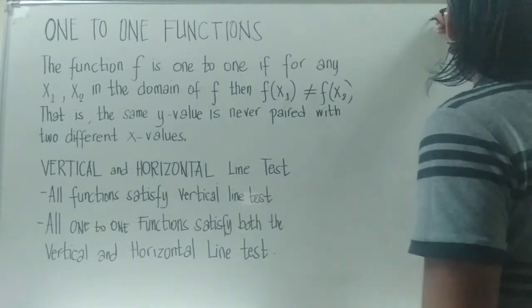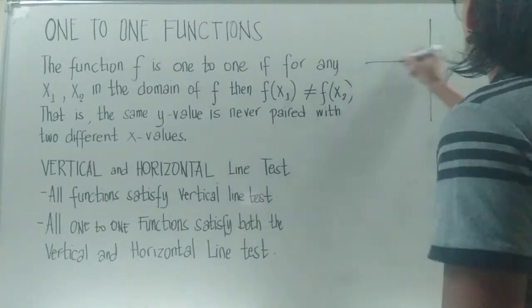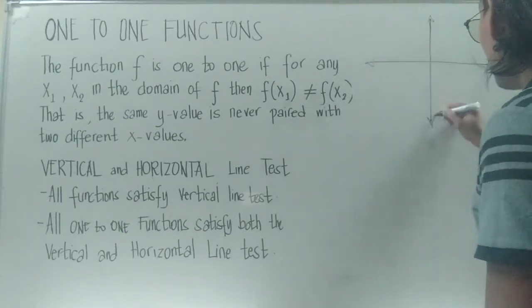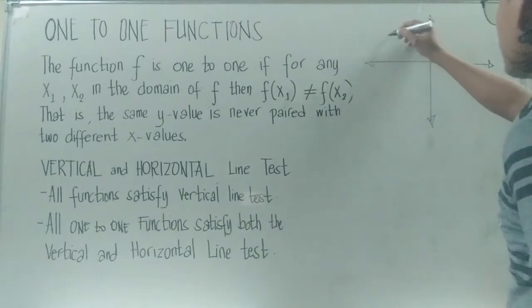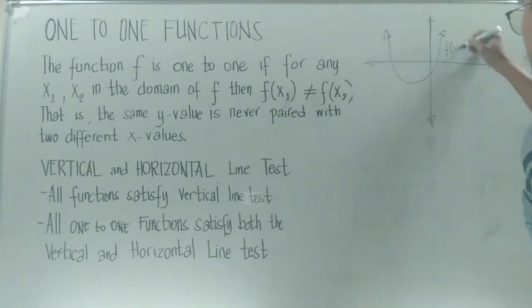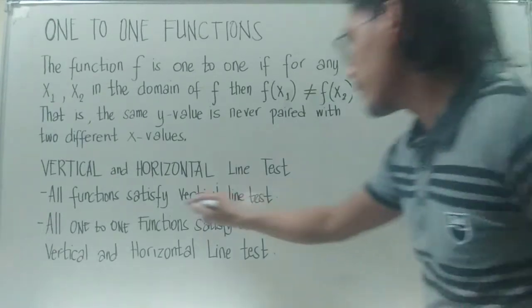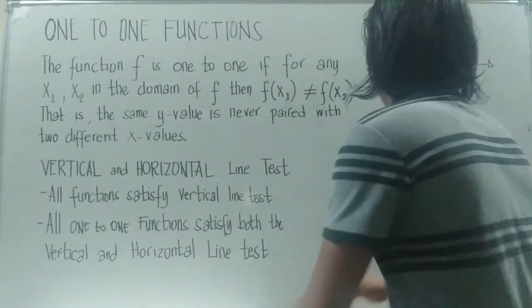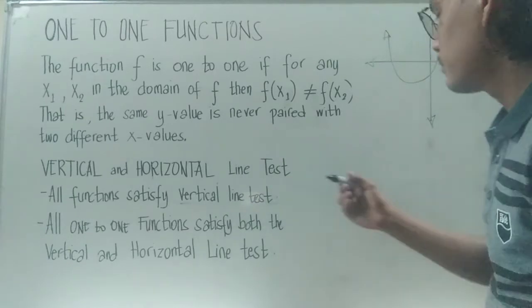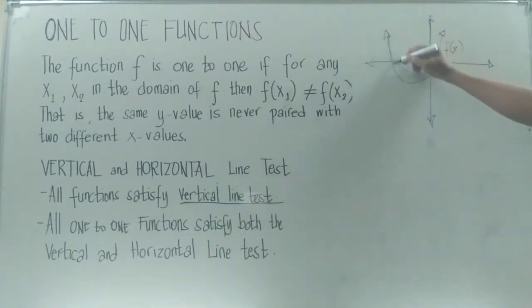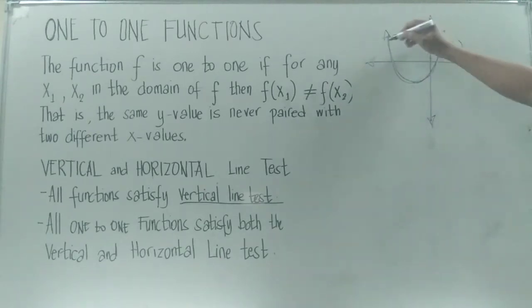For example, we have here a Cartesian plane, and the graph of a function f of x. Using the vertical line test, we can say that this graph is a function.